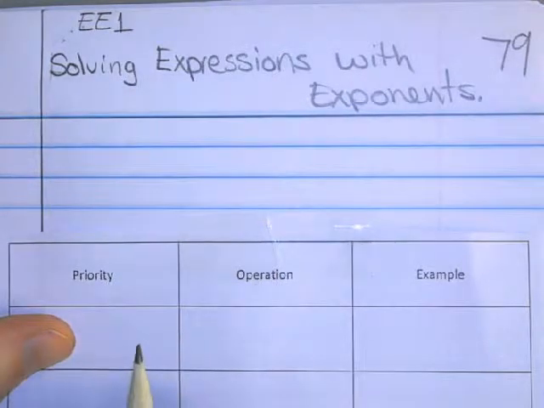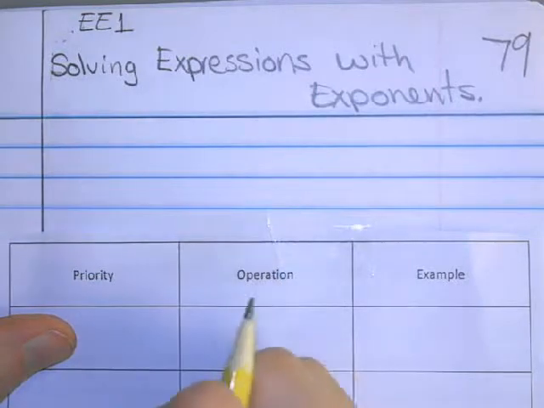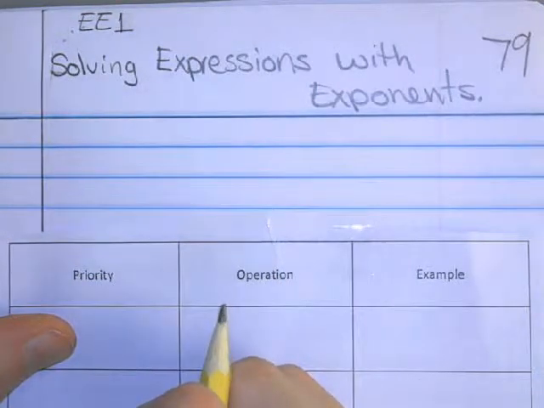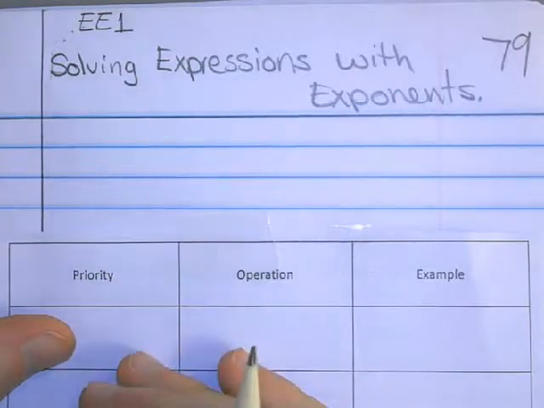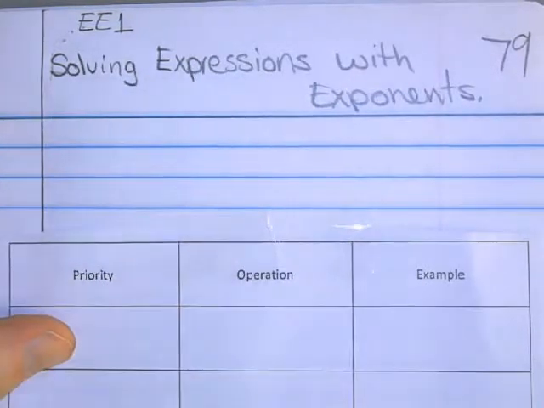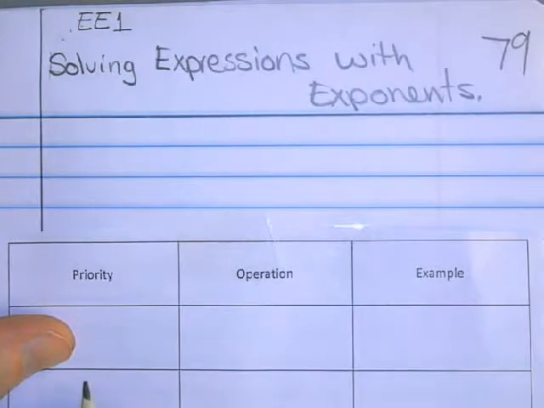But when we get to more complicated expressions, like say 16 divided by 2 plus 2 times 5 minus 3, we have to look at an order, because do you multiply first, do you add first, do you divide first? Which operation do you do first so that you can arrive at the same answer as everyone else?